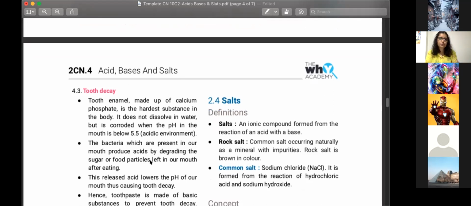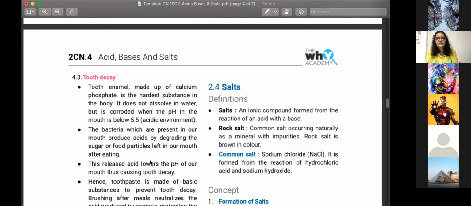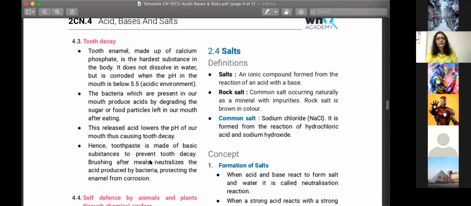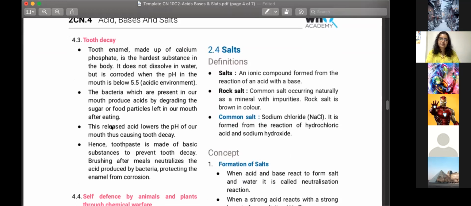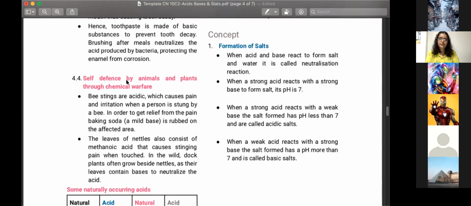So that's how tooth decay happens. That is the reason after you eat, or at the end of the day before going to bed, you brush your teeth with basic substances so that you neutralize that acid before it can act on your teeth. So that is the funda of tooth decay.